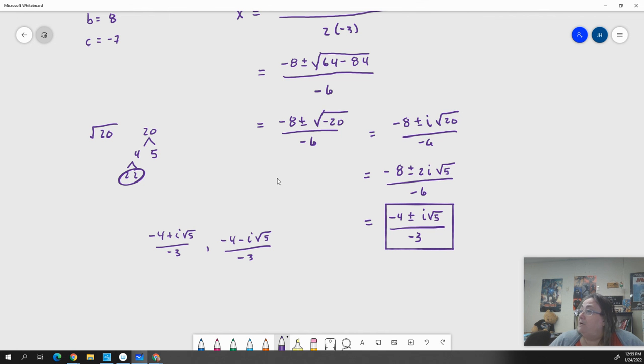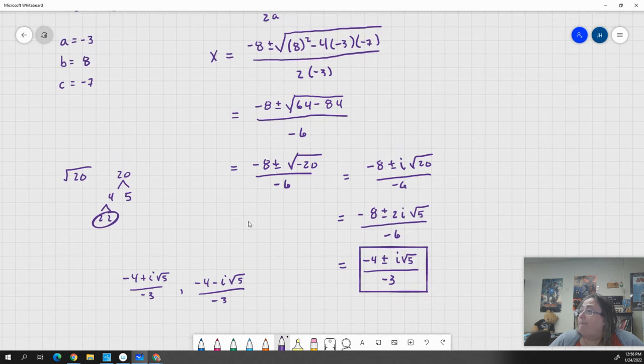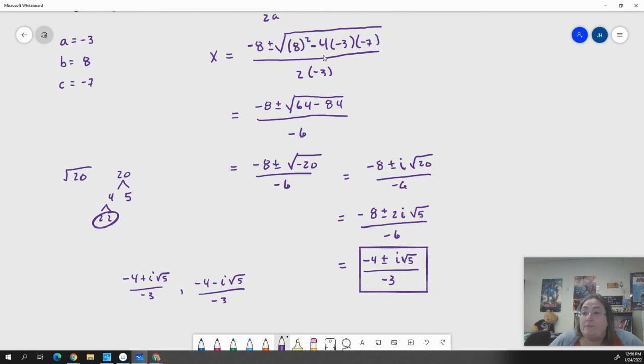Would you do the same if you had just one negative? I'm not sure what you mean, just one negative. In which part? Like, because this is negative and this is negative? 8 would be, well, in this case, if the 8 was negative, we would have still had positive 64 because we're squaring that negative.